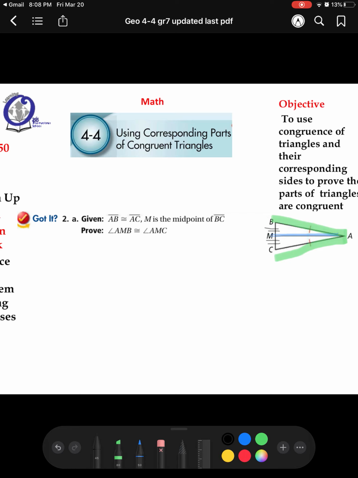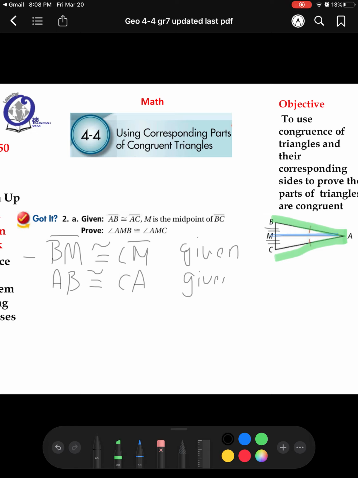How to prove, or how to write the two-column proof? I write it for you in detail here, so you would be able to build your own proof. I will say that BM is congruent to CM. This is what is given. The second one, I would say that AB is congruent to CA, and this is as well given.